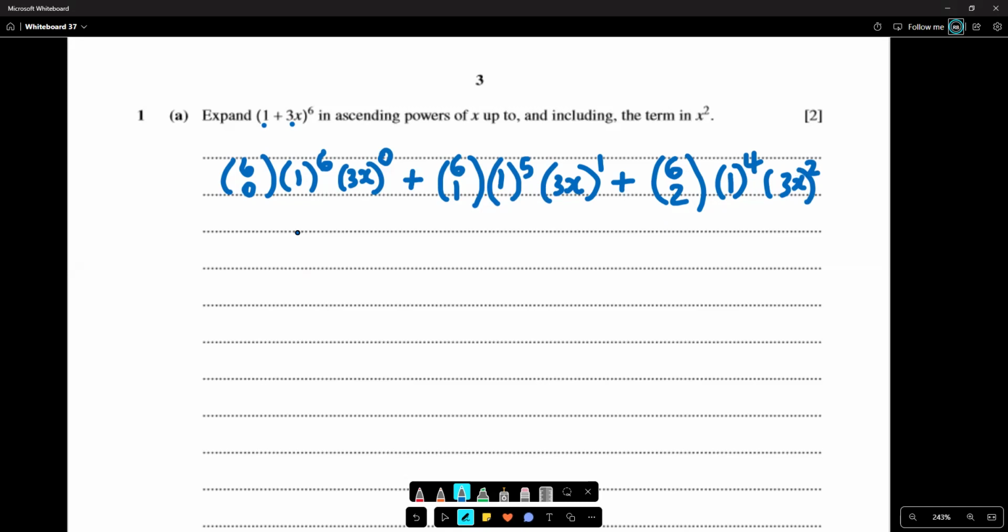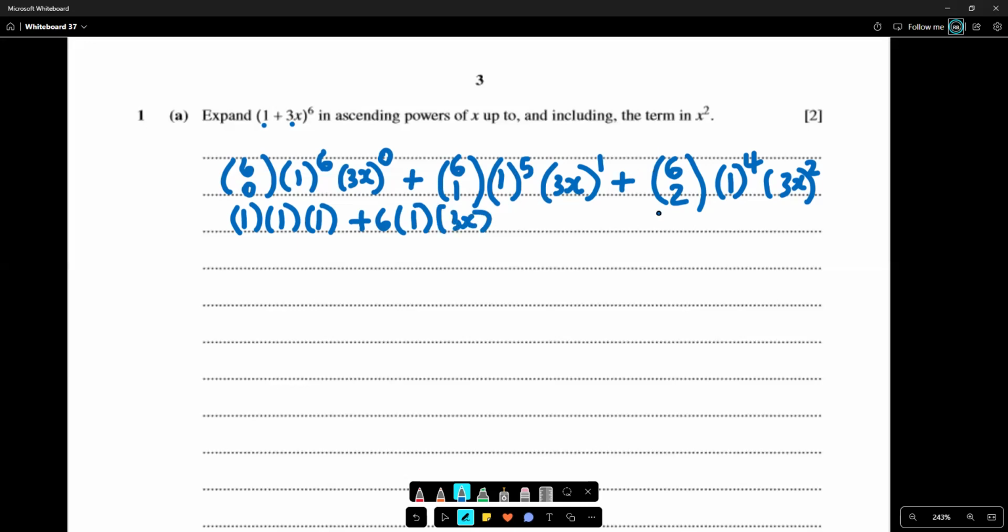Let's simplify this. 6 choose 0 is 1. 1 to the power 6 is 1. 3x to the power 0 is 1. Anything to the power 0 is 1. 6 choose 1 is going to give us 6, and then 1 to the power 5 is going to be 1, and then here we're going to have 3x.